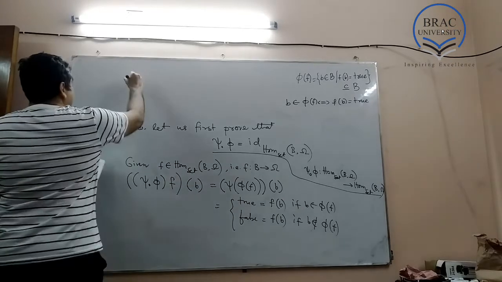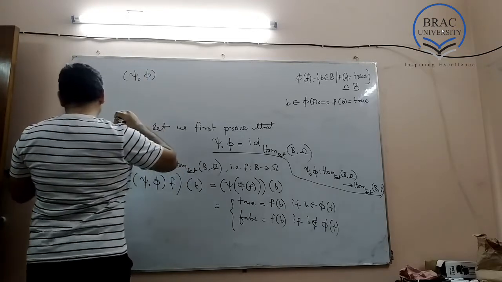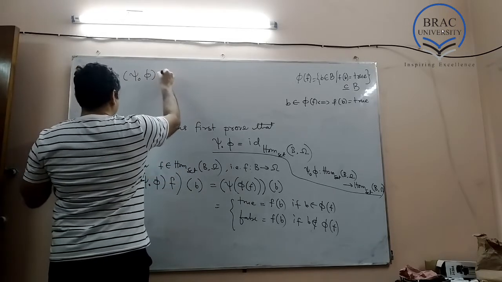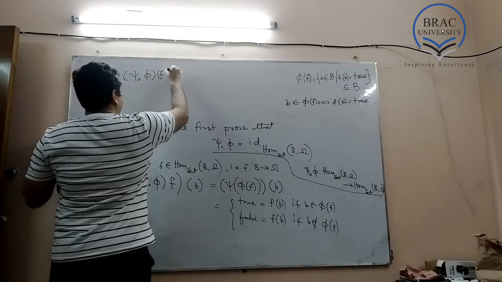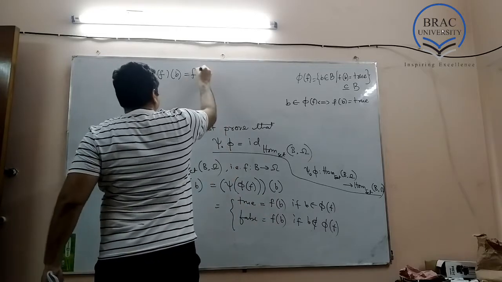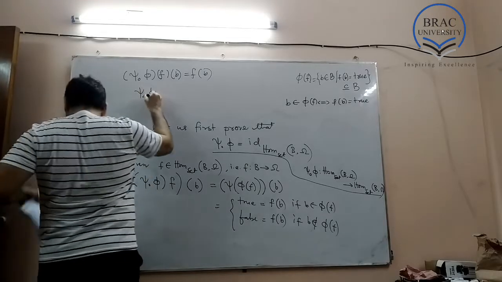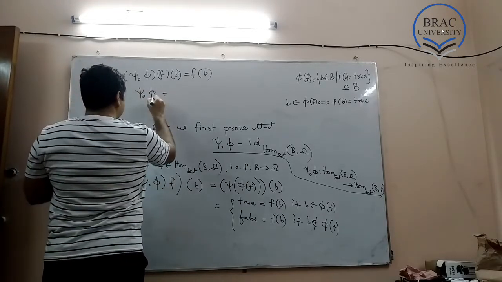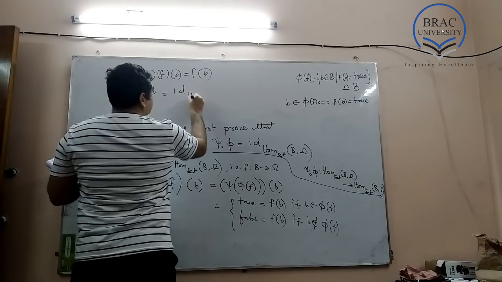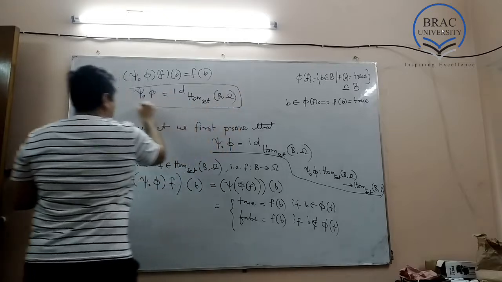We got that psi composed with phi acting on B is equal to precisely f of B for all B in B. Which means that psi composed with phi is indeed the identity element of this set, Hom(B, omega). So we prove this part.